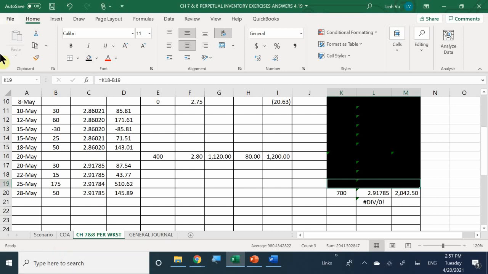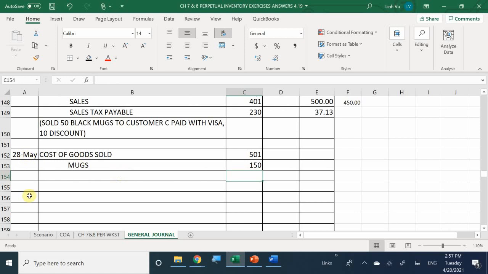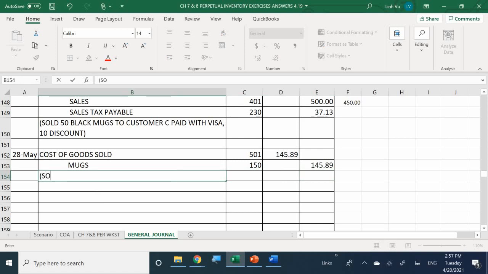The number we're looking for here is the 145.89. That's how much it costs us to sell 50 cups. Once again, I'm going to also write in here, sold 50 black mugs.